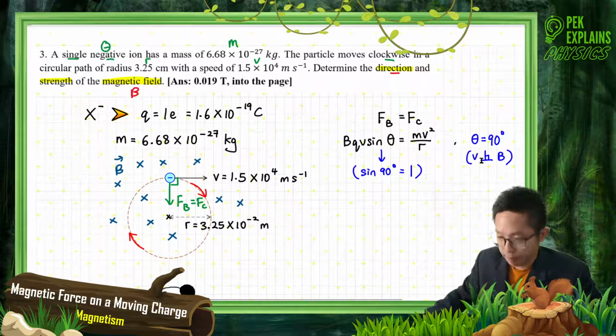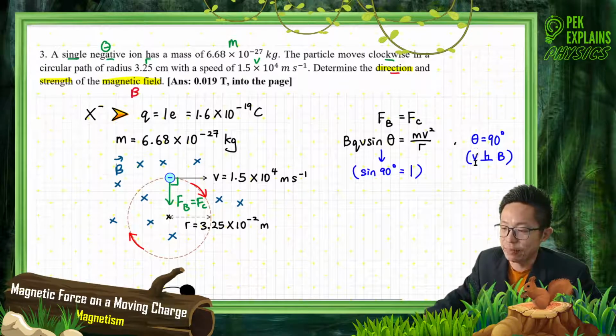The velocity is perpendicular to the field, so the angle theta between velocity and magnetic field is 90 degrees.